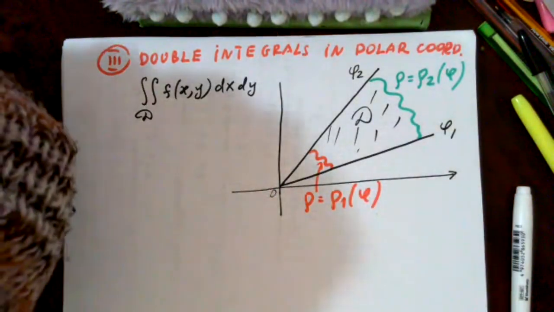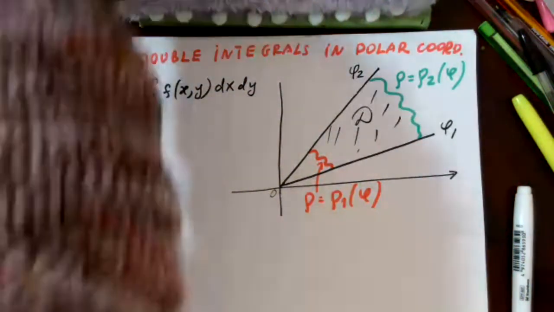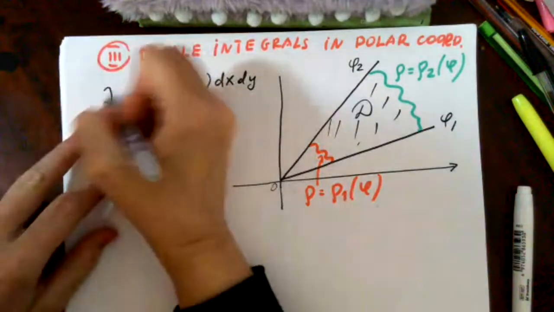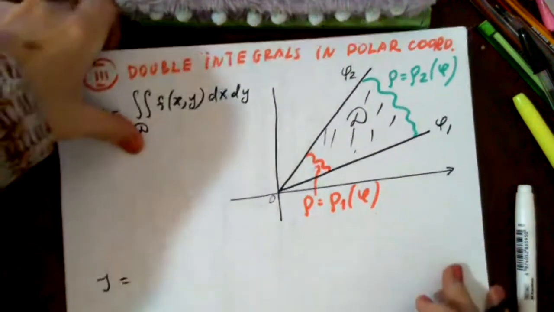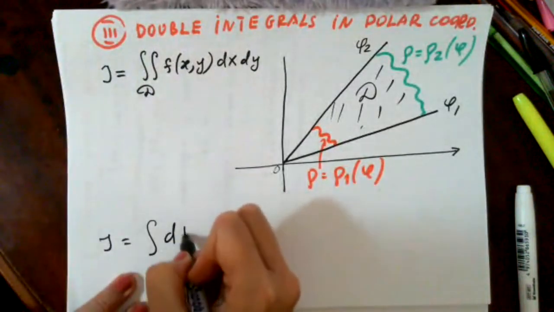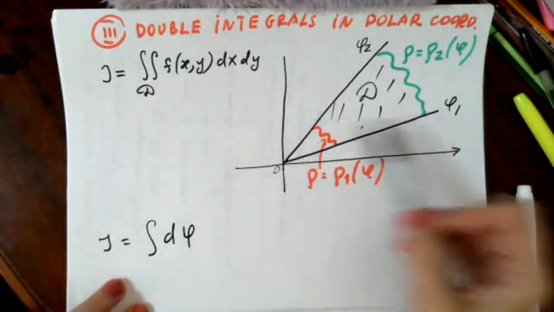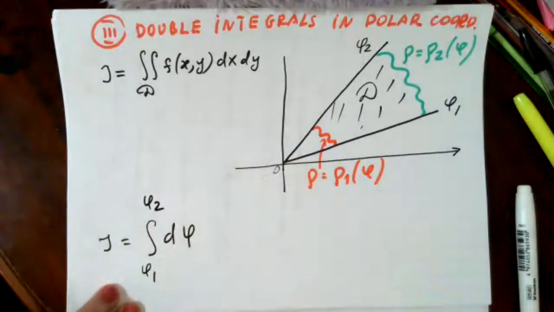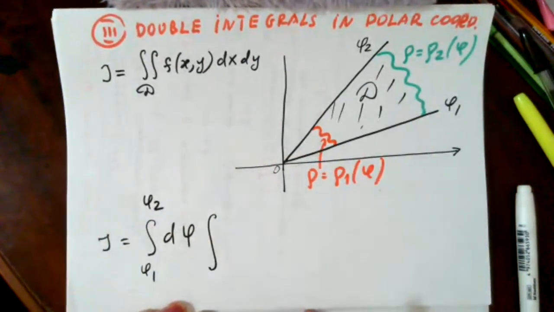And so what next? How does this transition to the repeated integral happen? Let's denote it as capital I again. I'm going to write this transition here. The repeated integral starts with d phi, with the angle. The region is squeezed between two angles, phi 1 and phi 2, that's why from phi 1 to phi 2. You can immediately see some similarities with our previous templates.